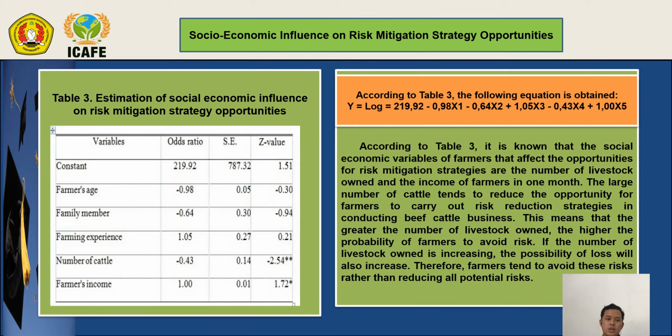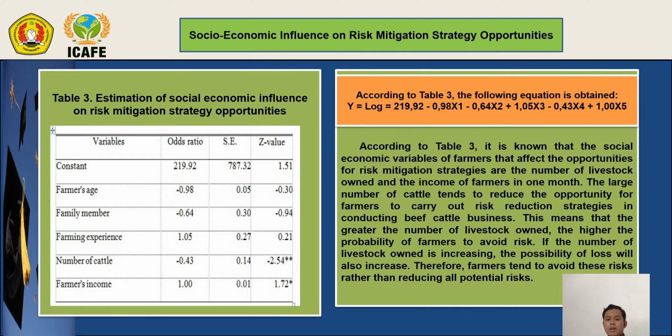Socio-economic influence on risk mitigation strategy opportunity. According to Table 3, the socio-economic variables of farmers that affect the opportunities for risk mitigation strategies are the number of livestock owned and the income of farmers in one month.